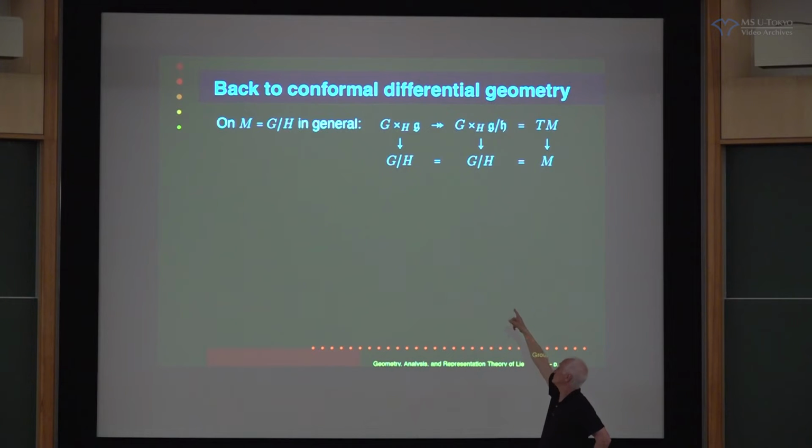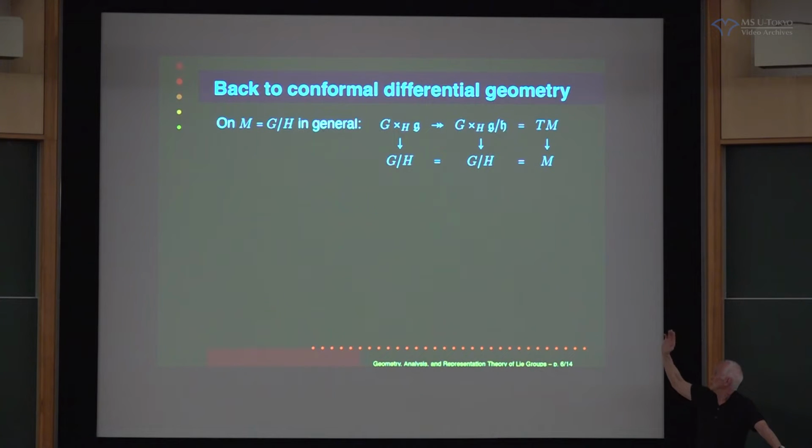So what you can do is you can build the bundle over G mod H, which is the representation of G acting on the Lie algebra, so the adjoint representation, build this homogeneous bundle, and then if you like, you can extract from that more familiar bundles like the similar construction where you take G mod H.